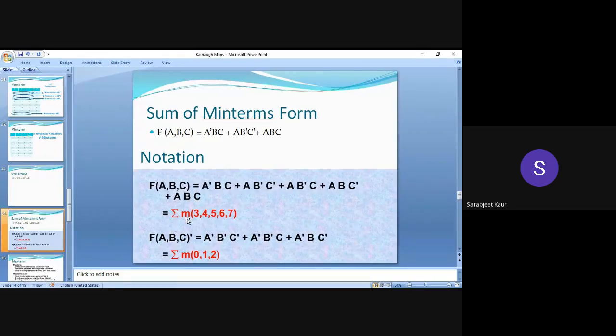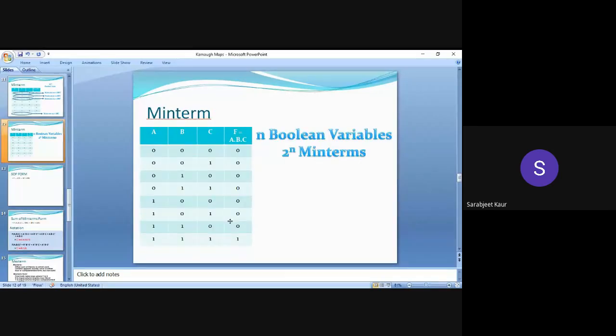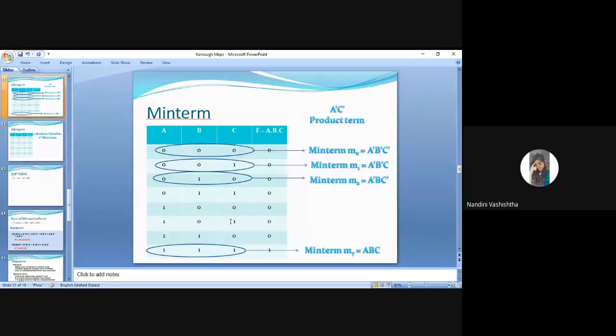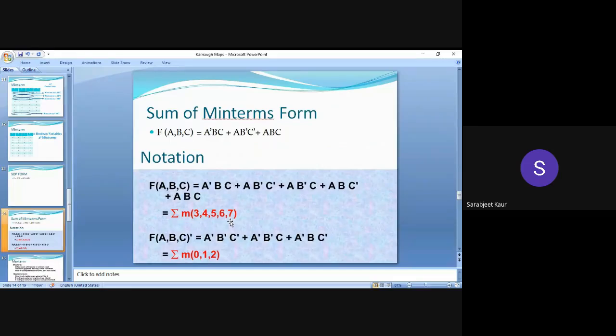So you can see, as in this case, for example, it represents the sum of minterm 3, minterm 4, minterm 5, minterm 6 and minterm 7, which you can verify from this table. Is this clear? Yes, ma'am. Right? So this is an alternate representation for the SOP form.